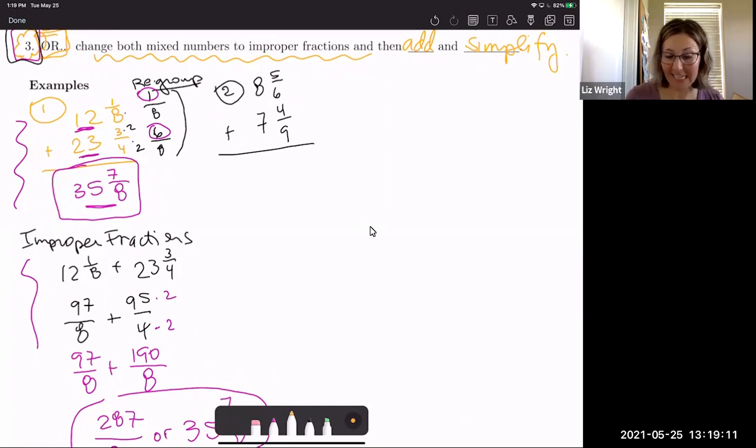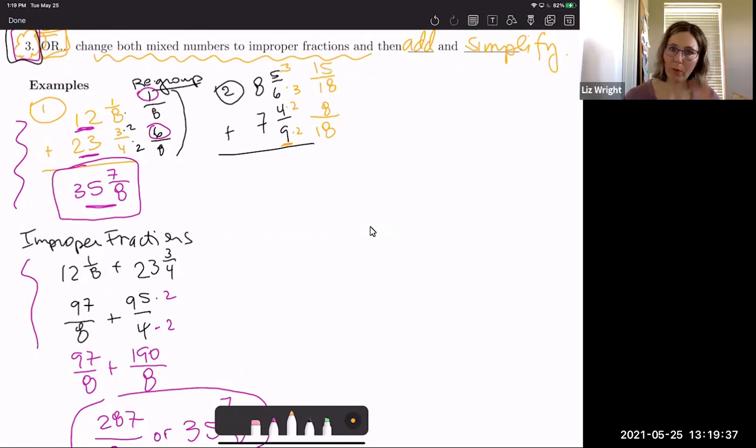I would say 18, because I'm just taking multiples of 9 and saying 18 is a multiple of 9 that 6 will also go into. So that means I'm going to multiply this by 2 and this by 2, so that gives me 8. And that means I'm multiplying this one by 3, so I'm multiplying this 5 by 3, which is going to give me 15.